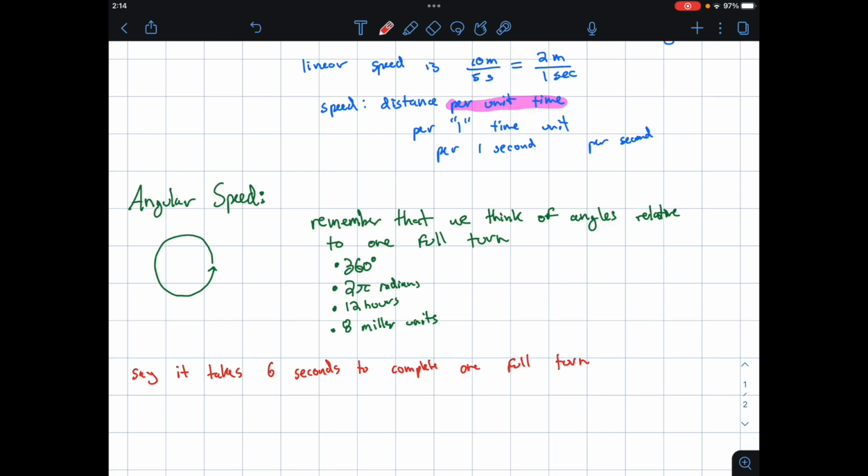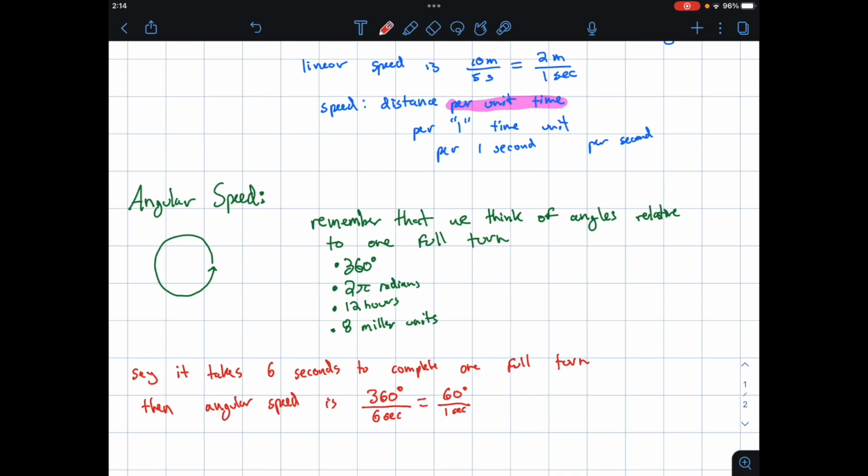Okay. Then we would say the angular speed is going to be, and let's do this in degrees for a minute, 360 degrees divided by 6 seconds, which is equivalent to 60 degrees per 1 second.